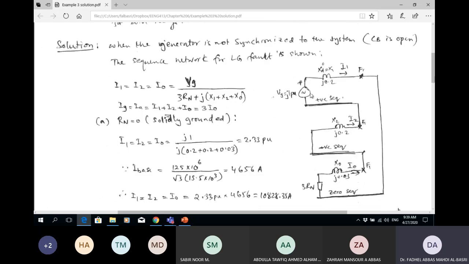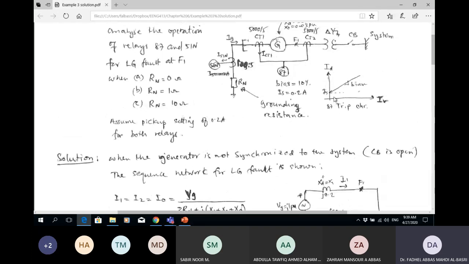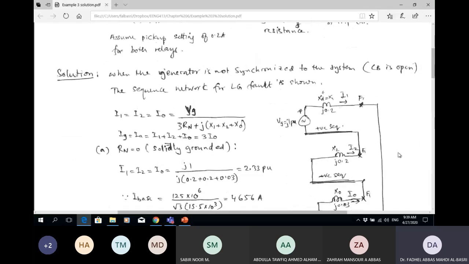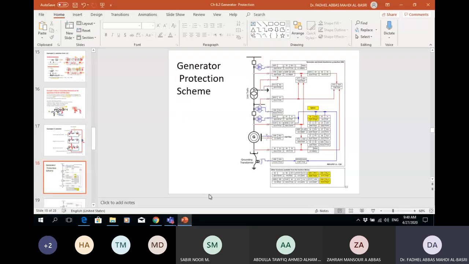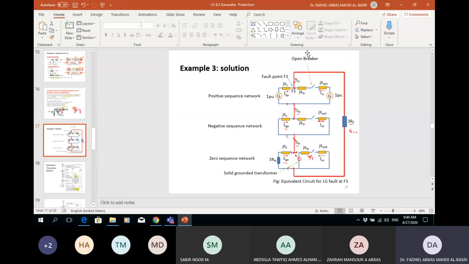So this is the generator, 1 per unit. There are the positive sequence reactance, negative sequence reactance, and zero sequence reactance. I didn't take a common base of 100 MVA because the other system components are removed, so I don't have to unify the base.